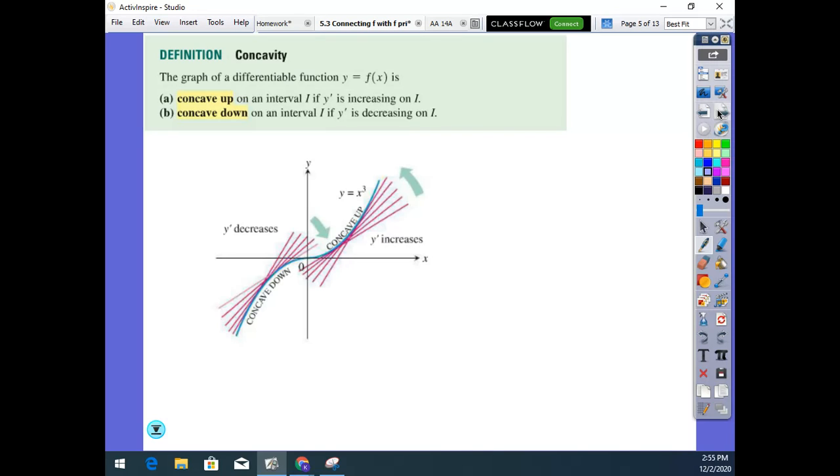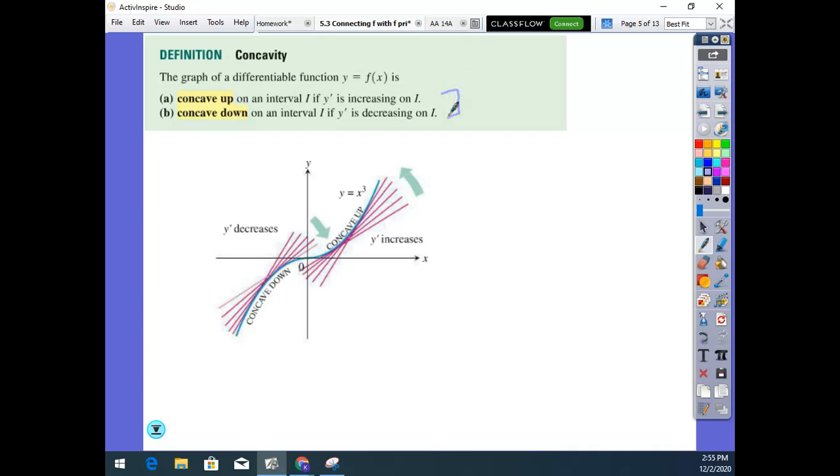So a graph is concave up if on an interval y prime is increasing. If the derivative is going up, it's concave down if the derivative decreases. Okay, so as we kind of trace this up, the steepness is getting less.